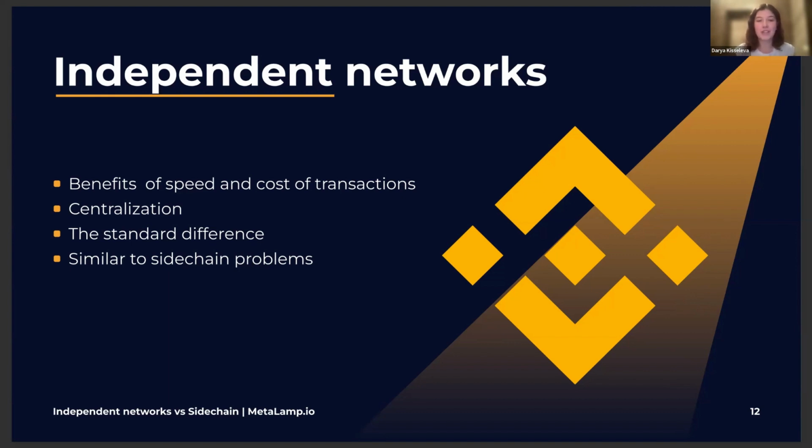When developing applications for Binance, it's important to consider the instability of testnets and take into account the problems inherent in the sidechains, the lack of solutions of popular protocols. With independent EVM-like networks, you may also find it difficult to migrate an application because of the different standards.